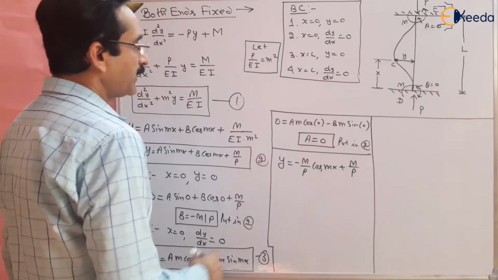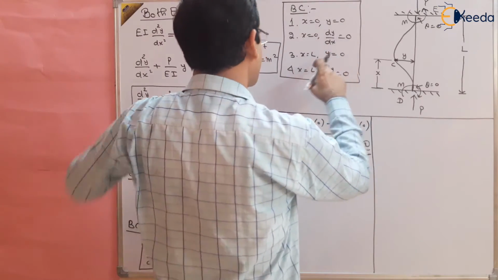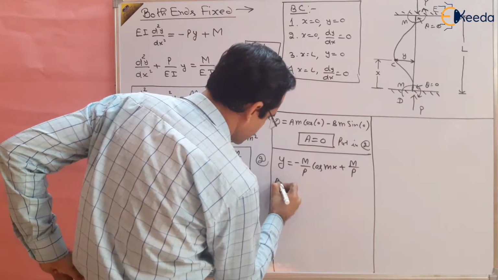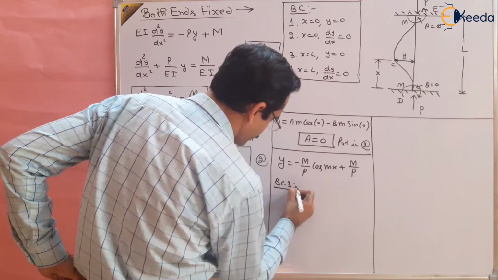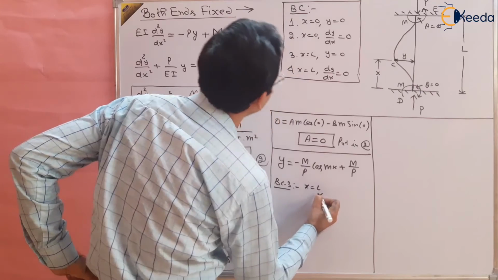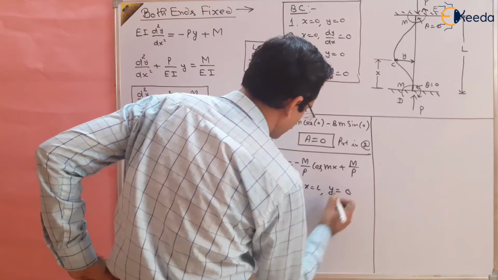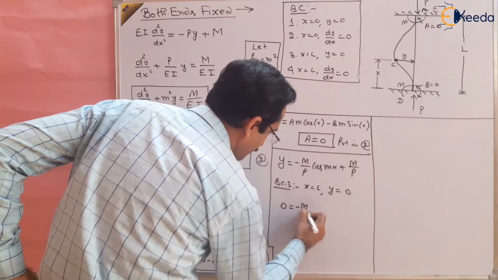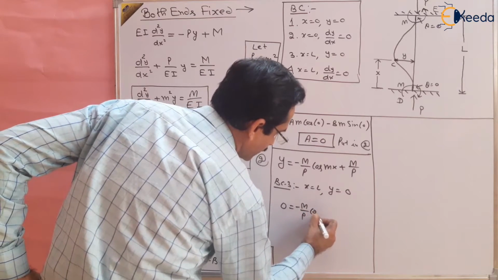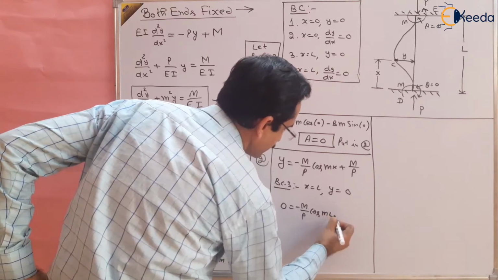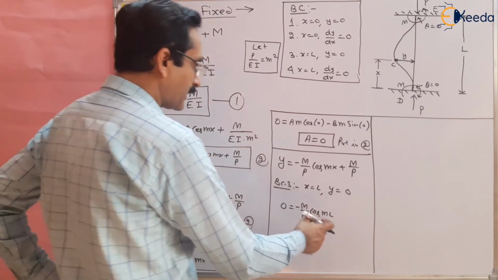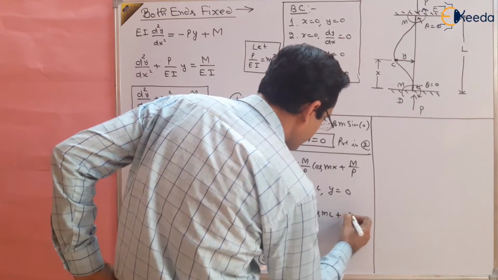And at x is equal to L, y is again 0. Put third boundary condition that x equal to L, y equal to 0. Put here 0 will be equal to minus m by p cos ml plus m by p.